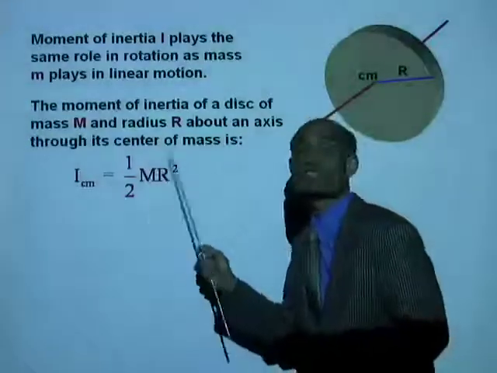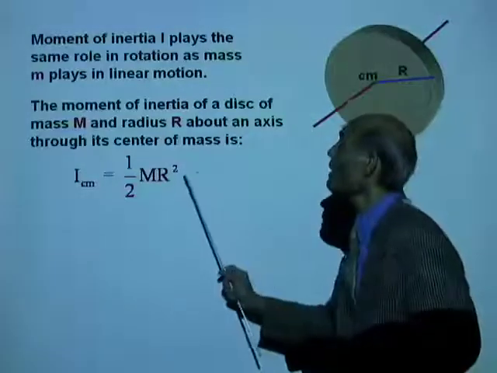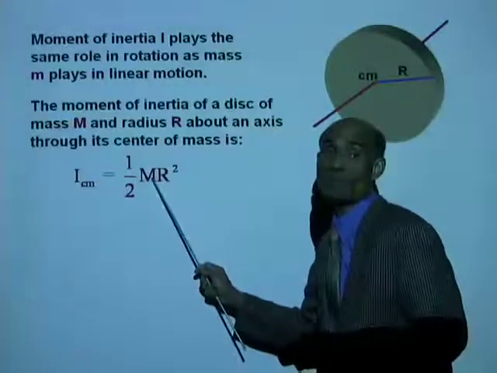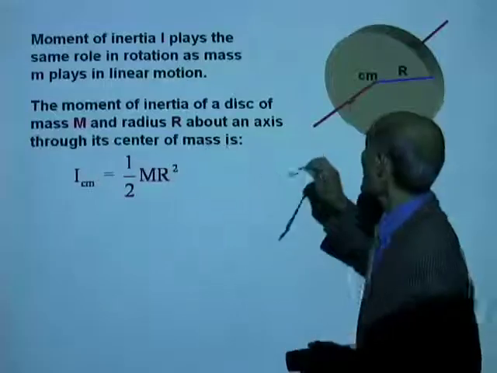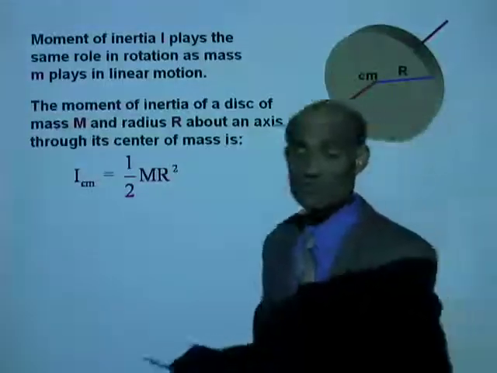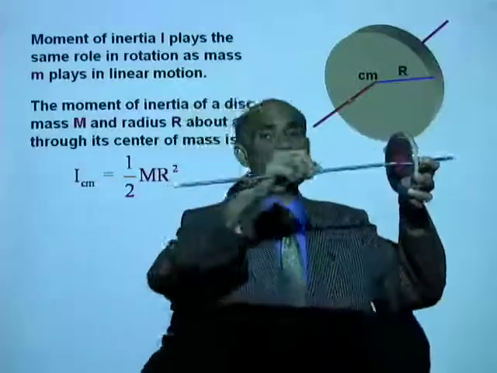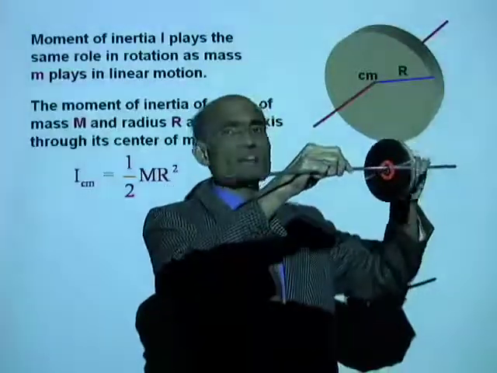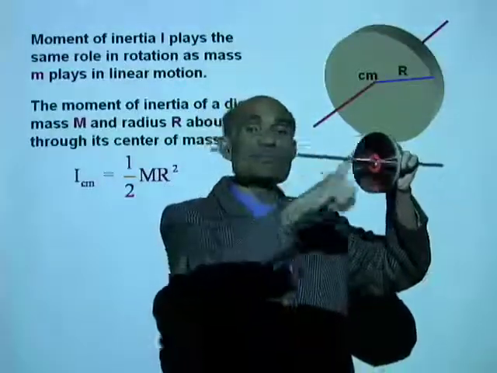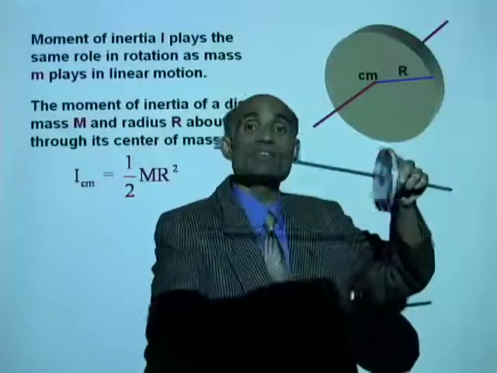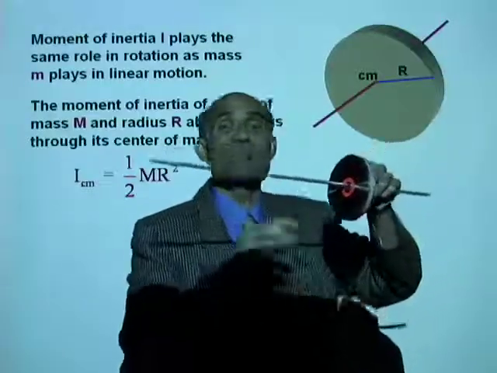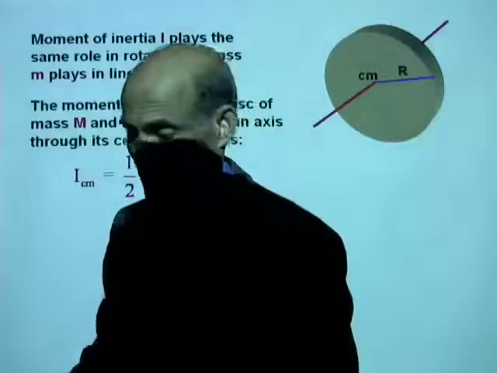Well, this is an axis passing through the center of mass of this disk. So its moment of inertia is 1/2 mr squared.